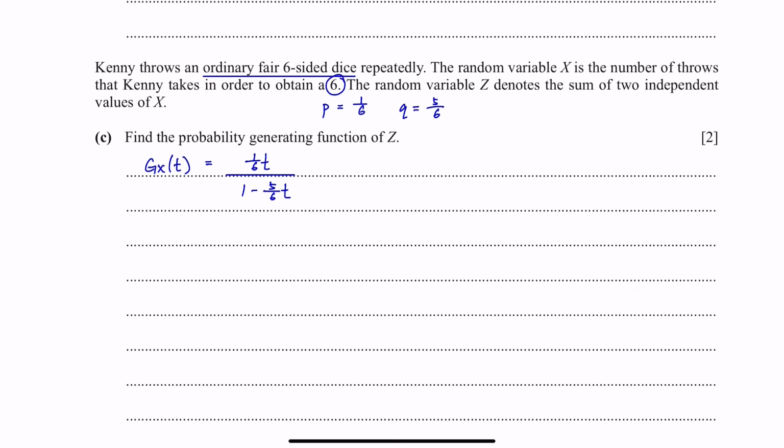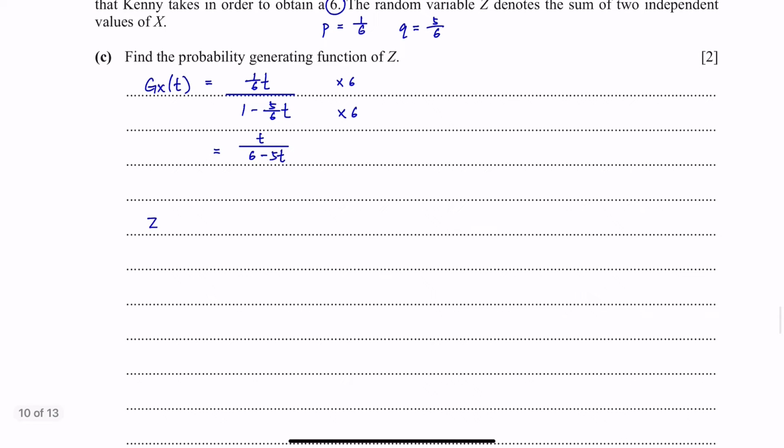We sub the values of p and q in. We multiply by 6 on the numerator and the denominator. And now we would have t over 6 minus 5t. This would be the Gx(t) function.